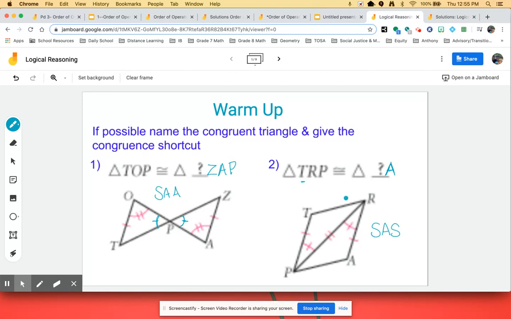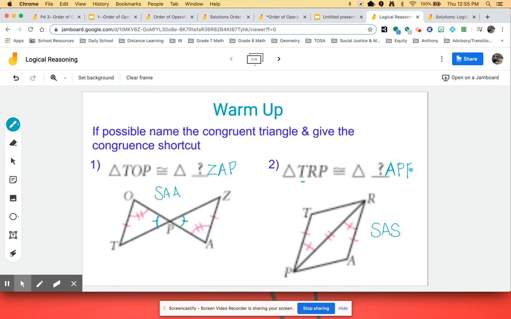Angle A. And then R, point R, is this angle right here. It's going to correspond with P. So A, excuse me, AP. And then P over here will correspond with R.